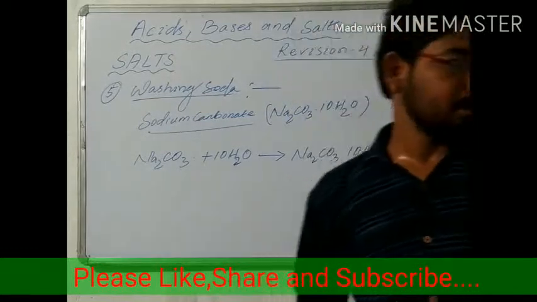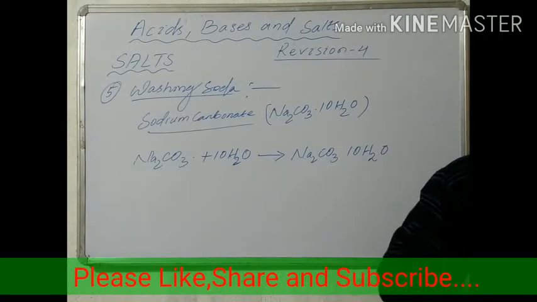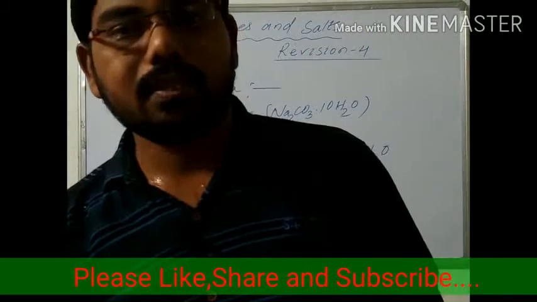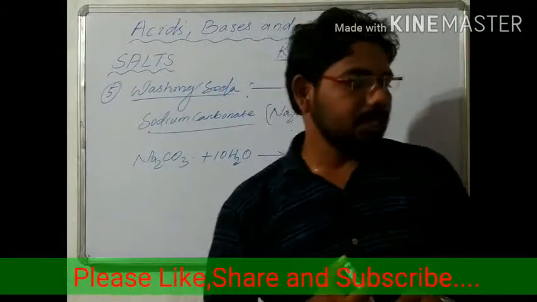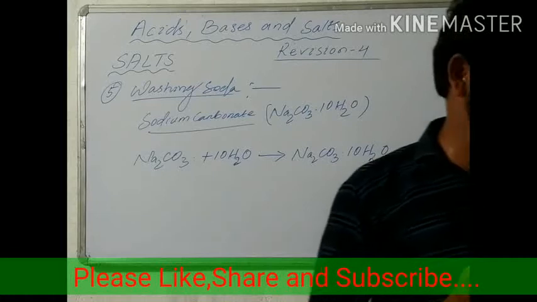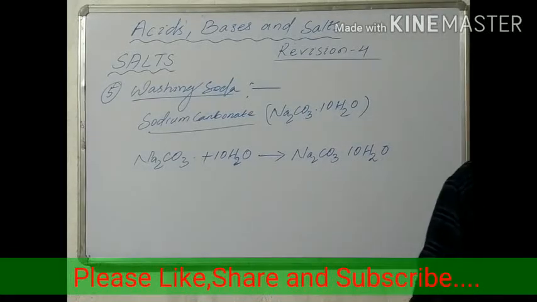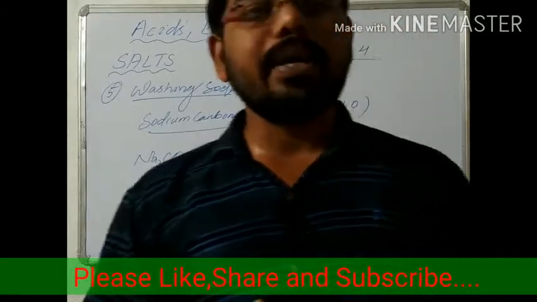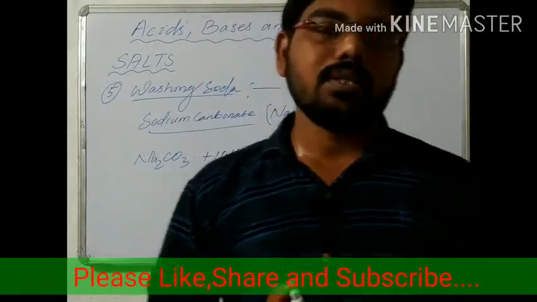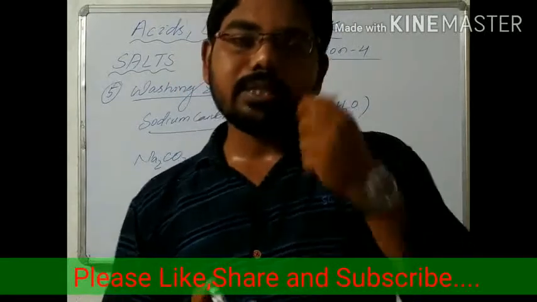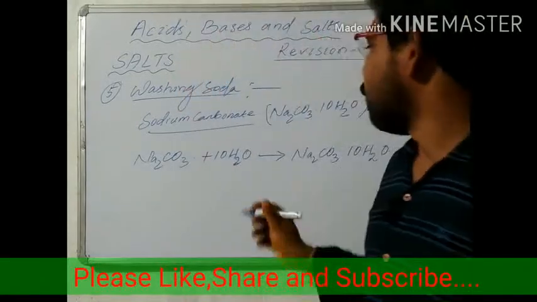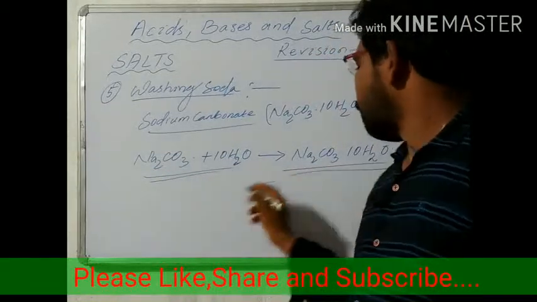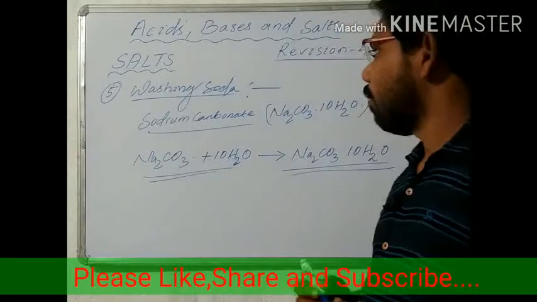This washing soda is mainly used in glass, soap and paper industries. It is also used to remove the permanent hardness of water. When hard water is changed to soft water, this washing soda is used, and it is used for washing or cleaning purposes.